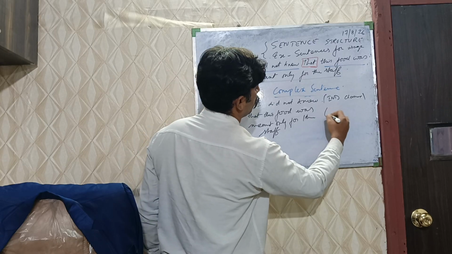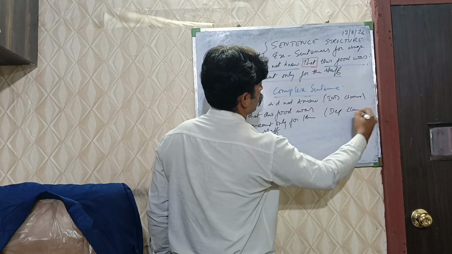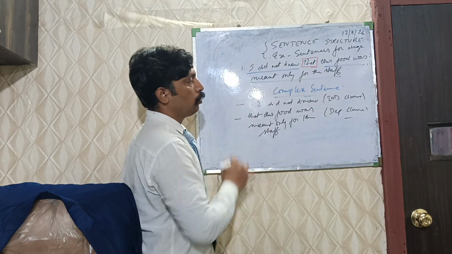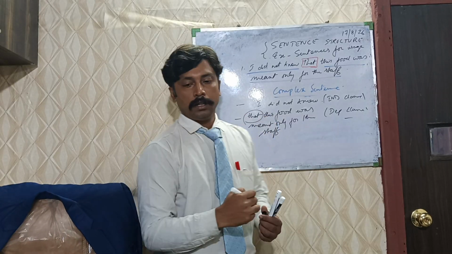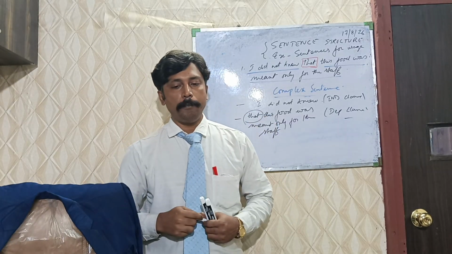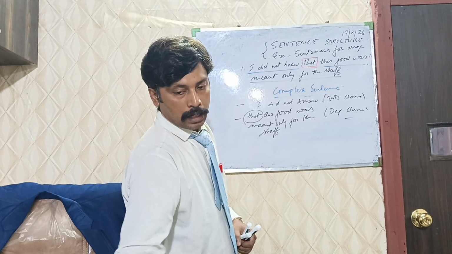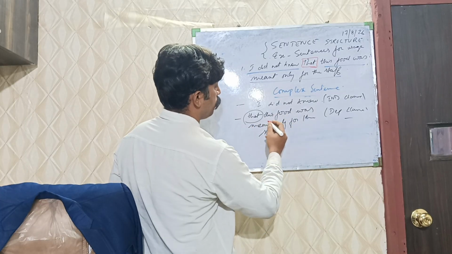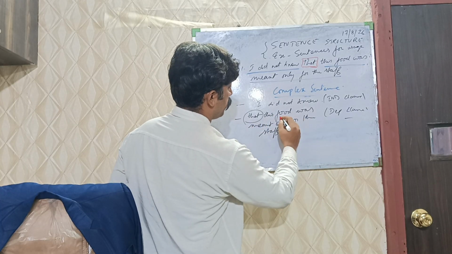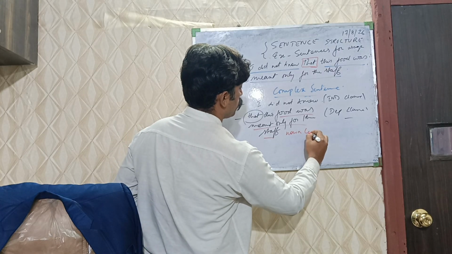So this is called a dependent clause. Right. So these are the two clauses over here, and they are joined by this conjunction. Okay, so this is called a complex sentence, and this part, this food was meant only for the staff, has another name, that is called a noun clause.